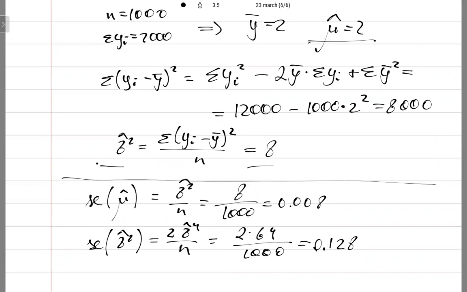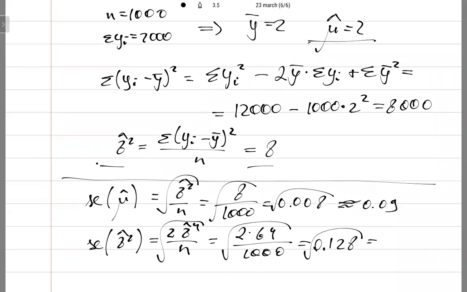I'm sorry, should it be square root? Yes, square root. You're completely right, I forgot the square root. Let me find out. It's the square root of 0.008, which is approximately 0.09. And the second one is approximately 8.036.